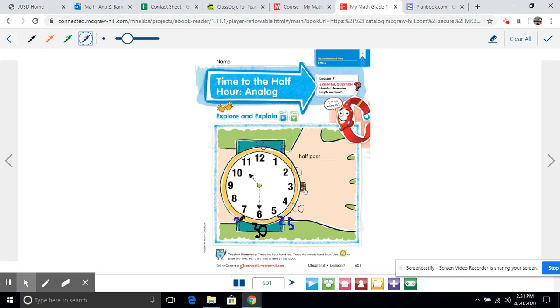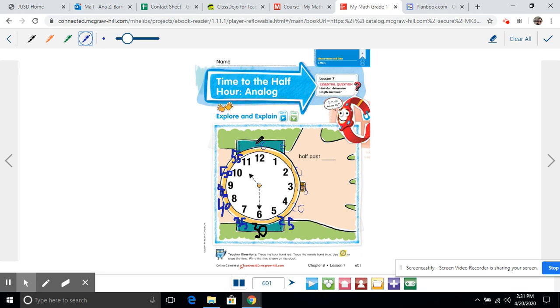Then we have 35. Then we have 40. Then we have 45. Then we have 50. Then we have 55. And what's after 55? 60.